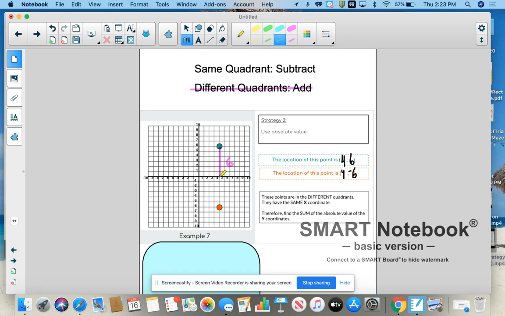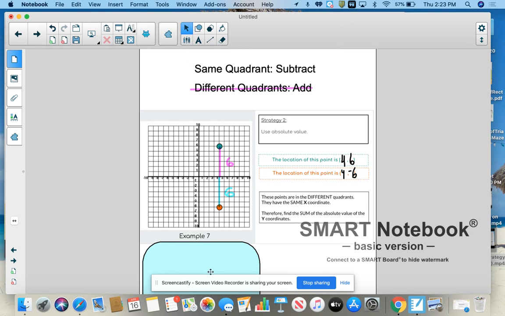How much further do I have to travel? 1, 2, 3, 4, 5, 6. An additional 6 jumps. Altogether, if I travel 6 to the axis and 6 beyond the axis, that's a total of 12. And therefore, I'm adding those two quantities together.